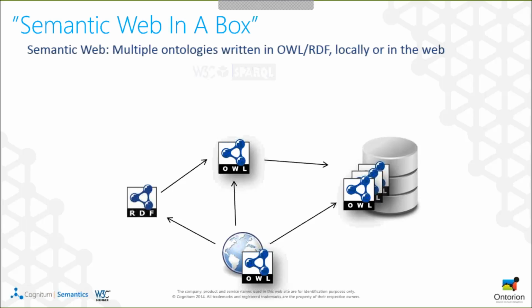And then on top of this stack, you have SPARQL. That is another standard. All of these that you see on this page are W3C standards. And SPARQL is a query language using which you can query the content of your knowledge base or the things that you have modeled.